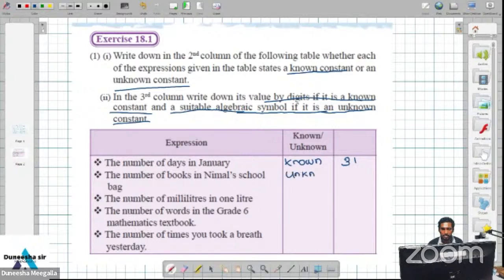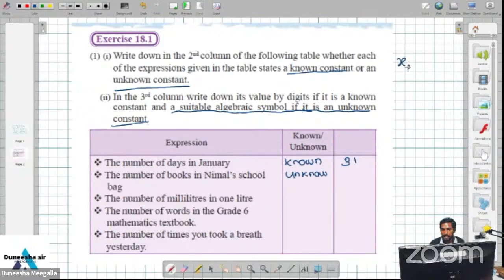If it's unknown, we need a suitable algebraic symbol. අපිට unknown constant එකක් නම් ඒකට suitable algebraic symbol එකක් use කරන්න කියනවා.